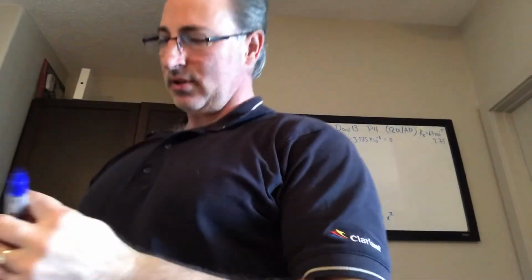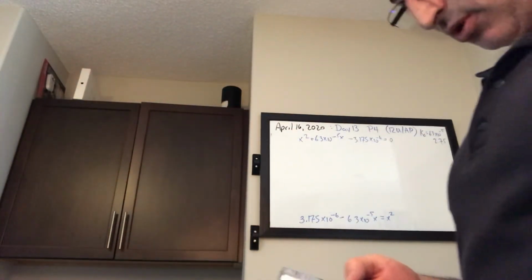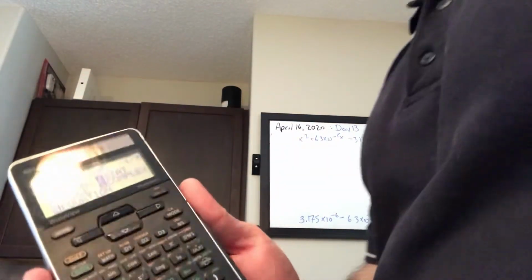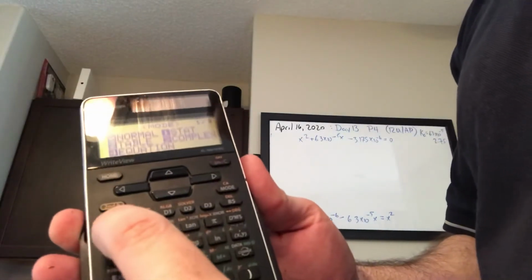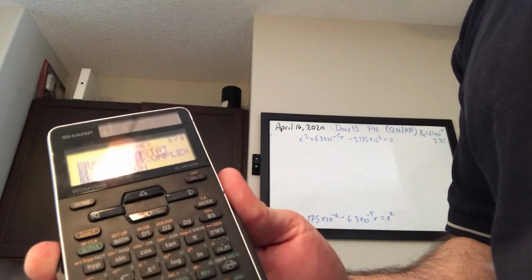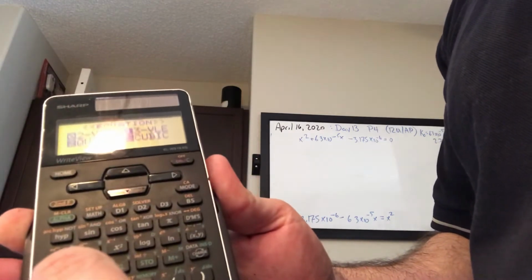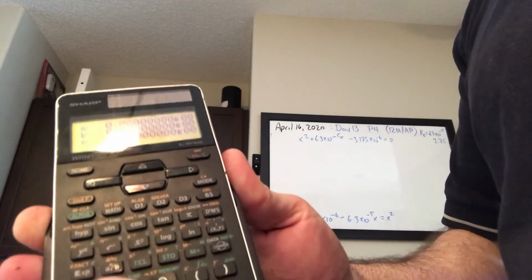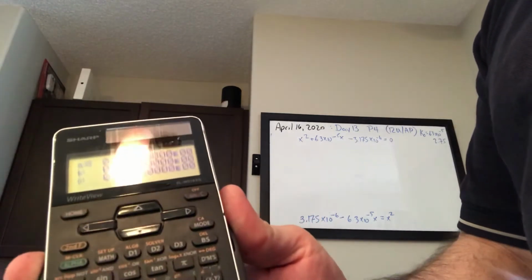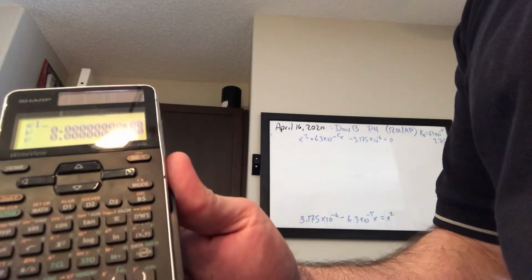Plug that into your calculator's quadratic function. So you press mode. You press equation, so that's number 4. Then you press quadratic, which is number 2, and then you enter the values. The first value is 1. Enter.